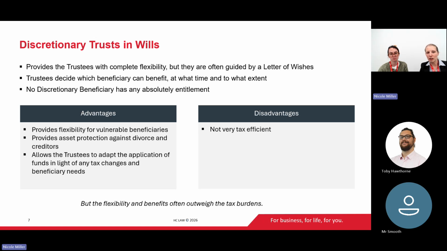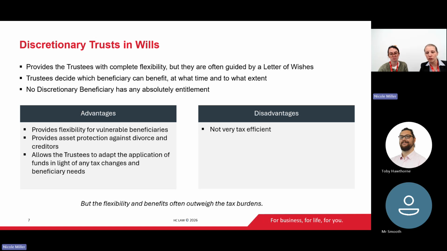At the moment, a key disadvantage of a discretionary trust is that it is not very tax efficient, and I'll talk about the taxation point in a moment. But that might change as time goes on, and it might be that you can get some tax advantages by making some payments out of the trust whilst keeping some of the assets within the trust. A particular key point that we have at the moment is in relation to the residence nil-rate band. If the assets are in the trust, you wouldn't qualify for the residence nil-rate band.